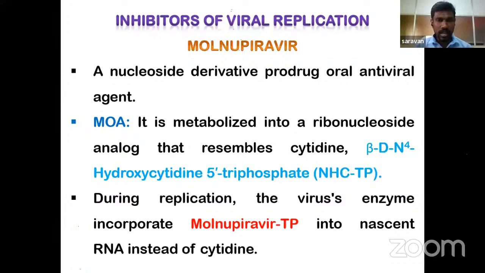When the viral RNA polymerase attempts to make copies of RNA containing molnupiravir, it sometimes interprets it as cytidine and sometimes as uridine. This causes more mutations in all the downstream copies of viral RNA than the viral RNA can survive. This effect is called viral error catastrophe or lethal mutagenesis.